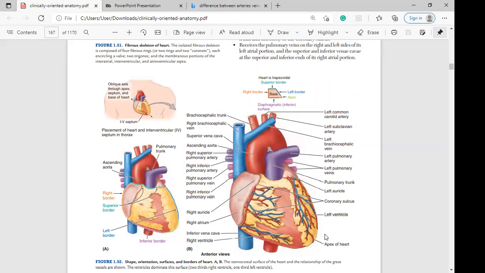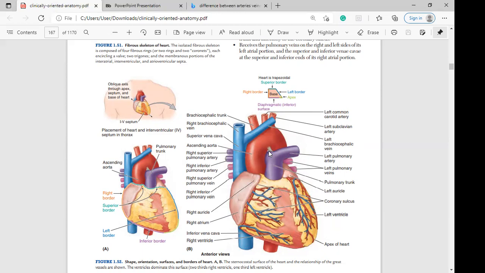Yeah, so that is what you need to know about the base of the heart and the apex of the heart. Most students make the mistake of saying that the apex of the heart is on top. No, the apex of the heart is down, is the inferior lateral part, while the base is up, okay? But mainly posterior, like on the back side of the heart.